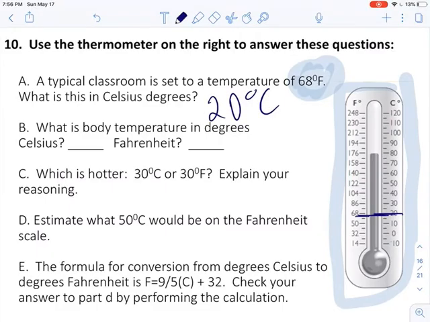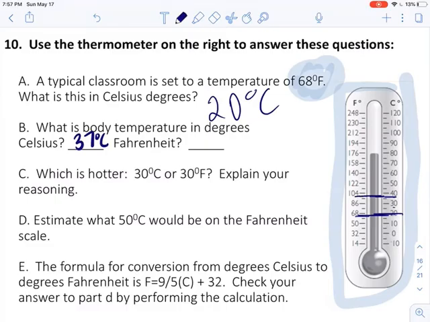Anybody know what is the body temperature to be healthy? Anyone know? So it's about 37 degrees Celsius. And you might know this better from the temperature in Fahrenheit. But if I found 37 on here, it's about here.